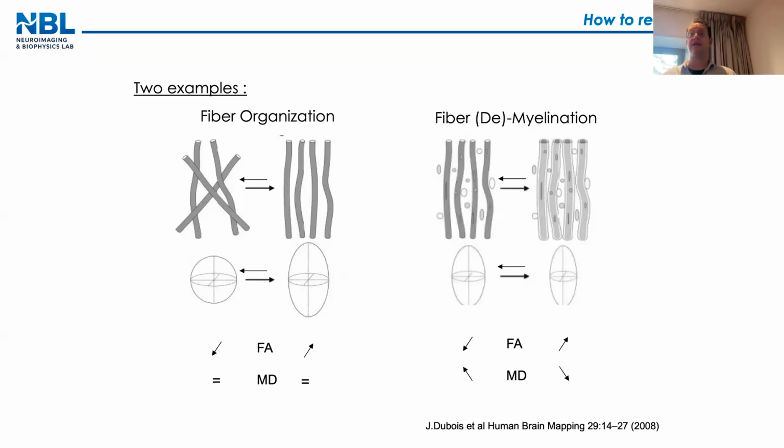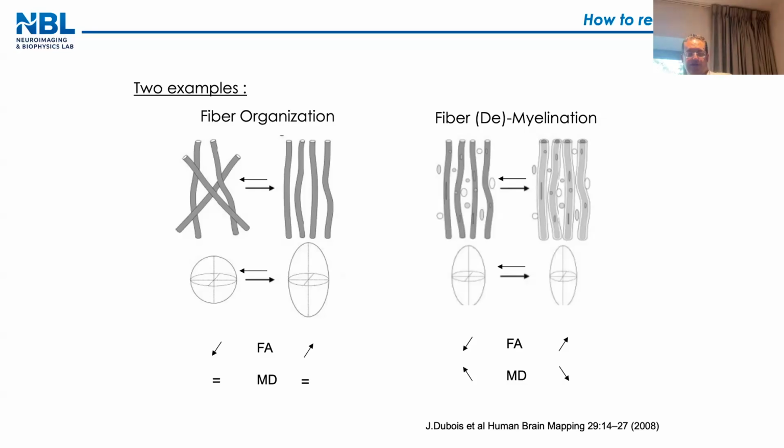Diffusion is just a tool to measure the interaction between water molecules bouncing on tissue structure. So what we are looking at is how water moves in an environment, and from the way the water moves, we can guess some information about the environment itself. It's a probe, a mechanical probe, okay?